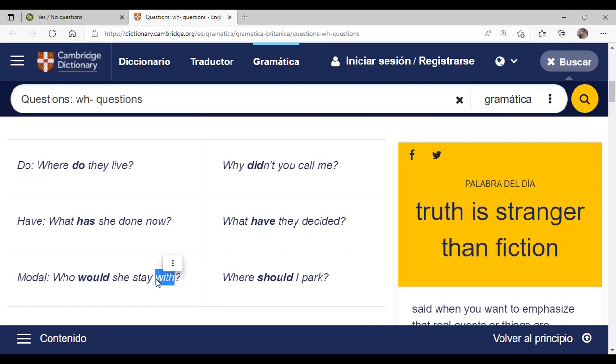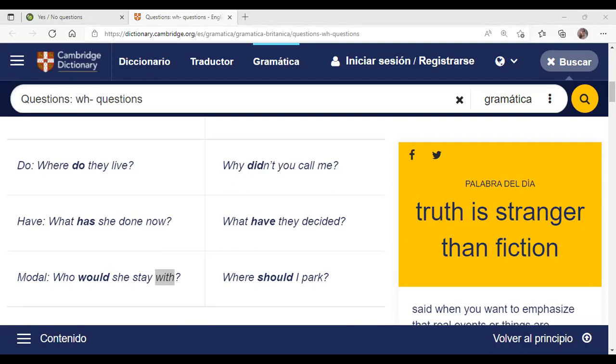Por ejemplo, les voy a poner en el chat una pregunta, que hay verbos que llevan preposiciones. Primero vamos a ver verbos que llevan preposiciones o que van acompañados de preposición. Por ejemplo, listen to. El verbo listen to va acompañado de la preposición to. Otro verbo es talk, que puede ir acompañado de with.